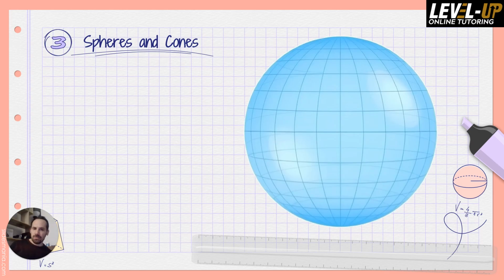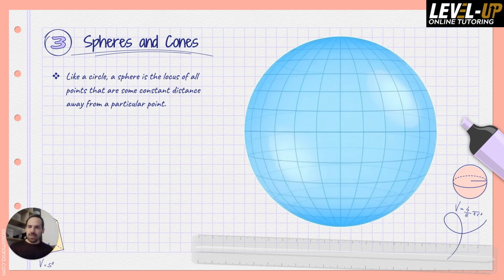Let's look at spheres and cones. So we have a sphere here. It's kind of tricky to visualize a sphere. I've put lines of longitude and latitude across the sphere, so you can get an idea. But imagine a sphere is a ball shape. I suppose you're familiar with that. Like a circle, a sphere is the locus of all points that are some constant distance away from a particular point, but extended to three dimensions.